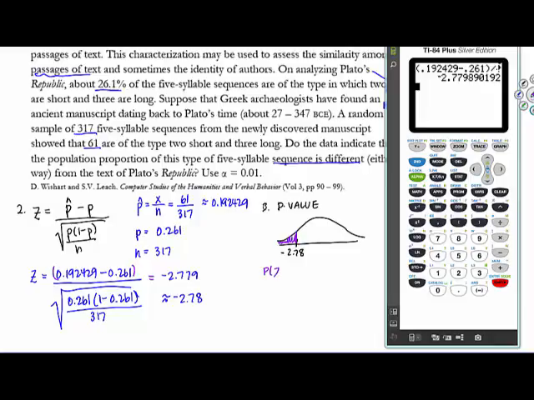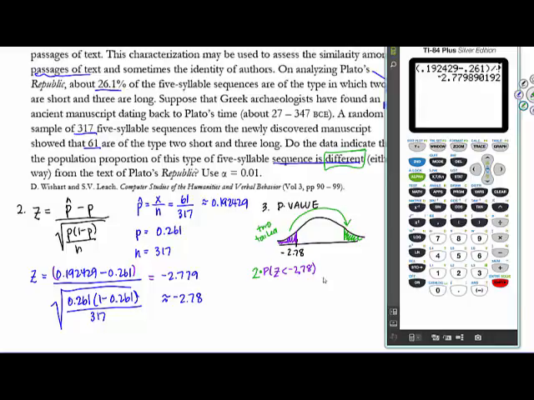What's the probability that z is less than negative 2.78? And then because the hypothesis test is two-tailed, we'll multiply this probability times 2. We want to also consider the possibility of it being on the other side. That's because the alternative hypothesis was two-tailed, or the test said test if it's different.